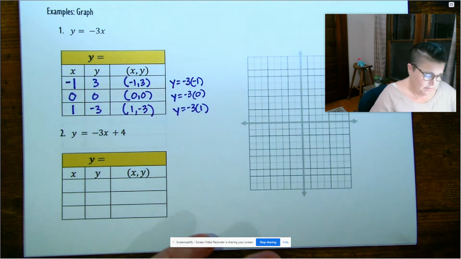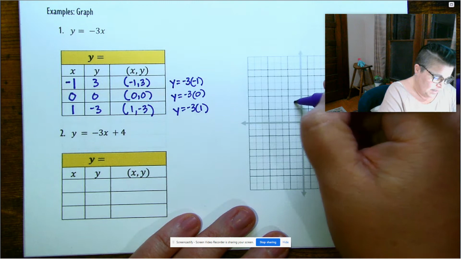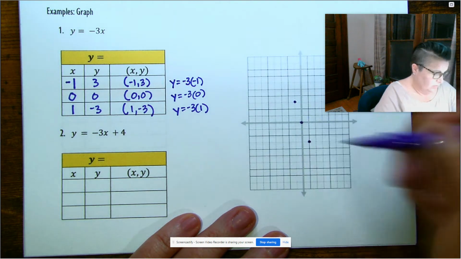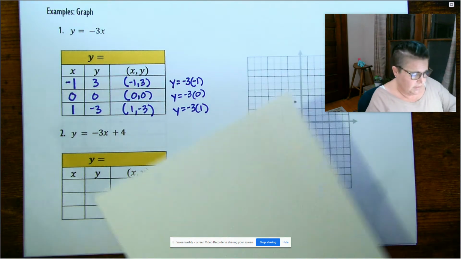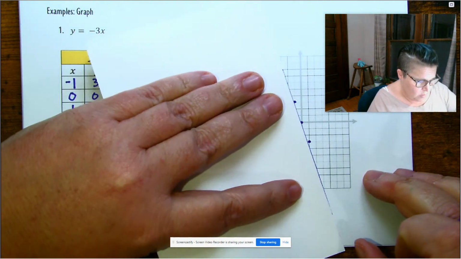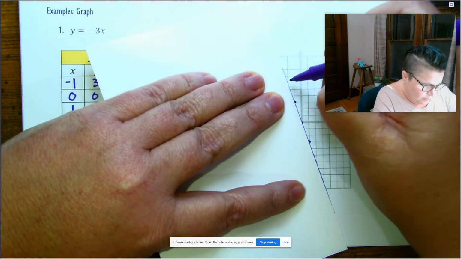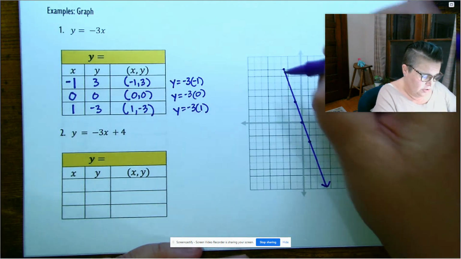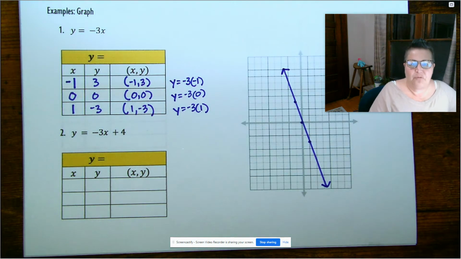Those 3 points should graph onto the line. Negative 1, 3, 0, 0, and 1, negative 3. Now, I believe when you're doing this on WebAssign, you only need to plot 2 points. The third point should check the line. We'll make sure of that and see if we can blast that out for you.